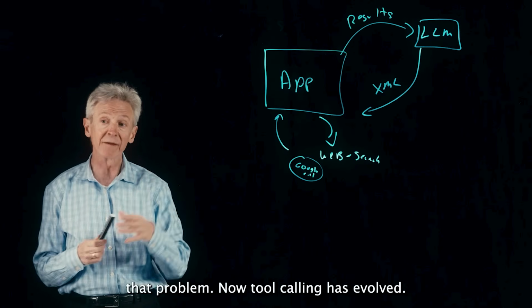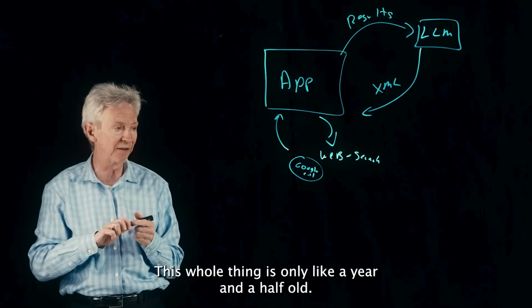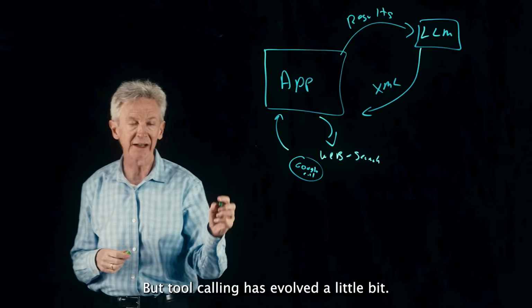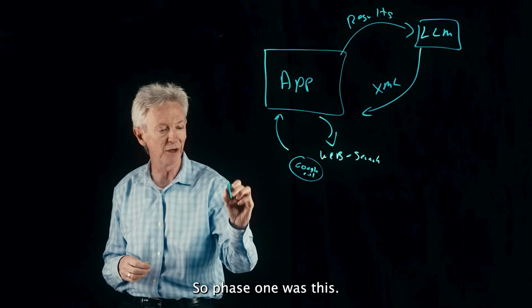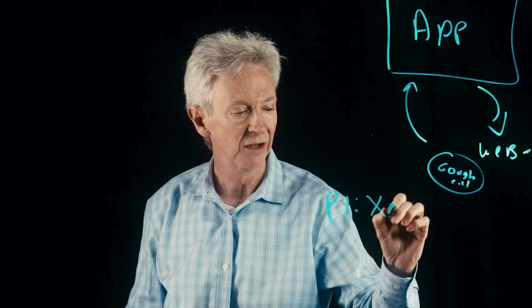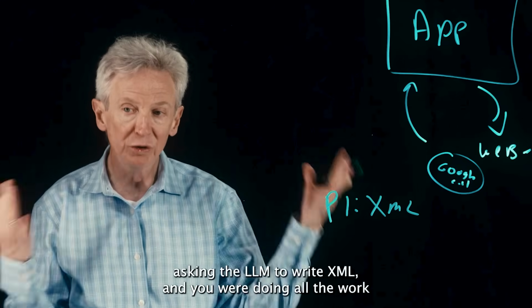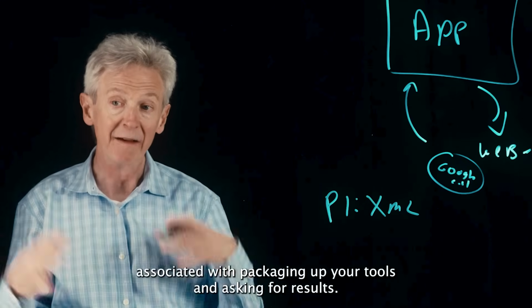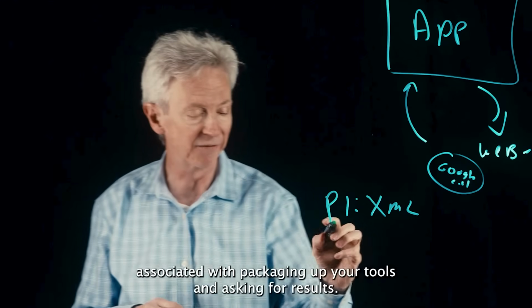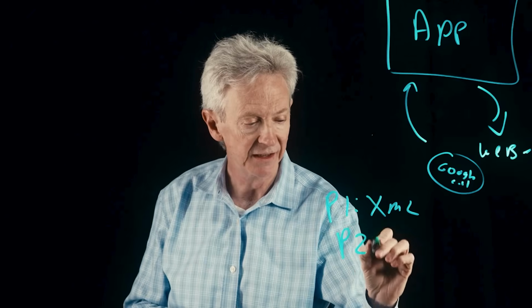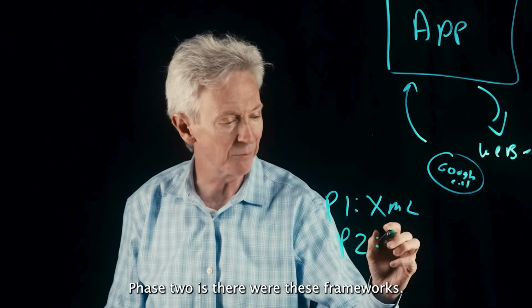Now, tool calling has evolved. This whole thing is only like 1.5 years old, but tool calling has evolved a little bit. So phase one was this, where we were just asking the LLM to write XML, and you were doing all the work associated with packaging up your tools and asking for results. Phase two is there were these frameworks.